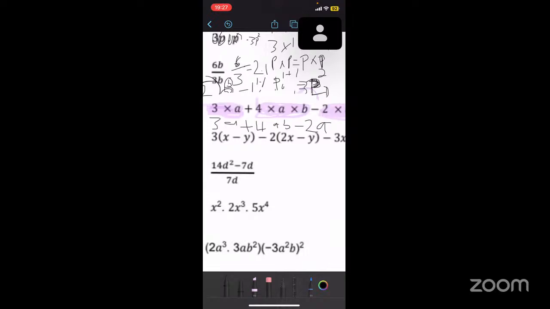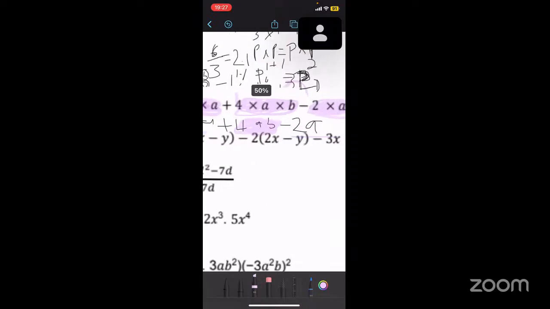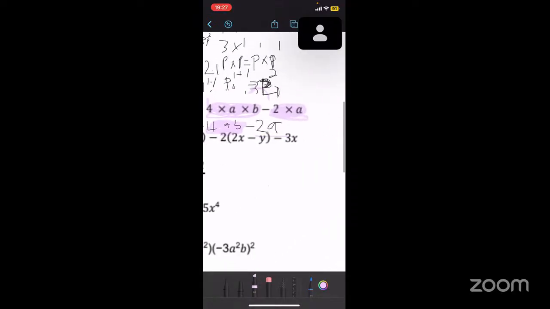And by looking at this, we can see that our like terms are 3A and minus 2A. So that means we're going to sum up the 3A minus 2A, because we cannot mix it with this one, because this one has the B over here. All right, so we don't need that. We're just going to add these two together, 3A minus 2A, which is going to give us 1A, but we cannot write 1A in maths.